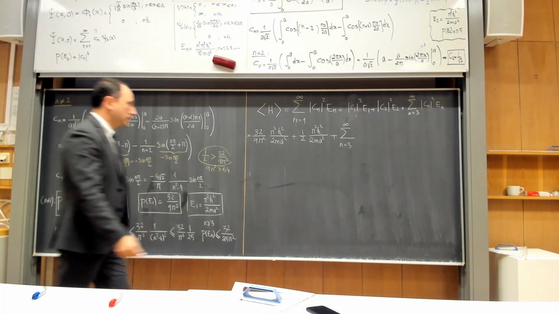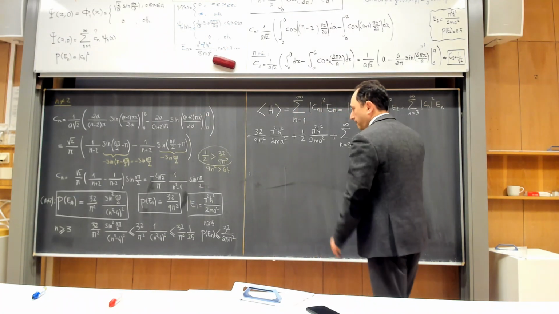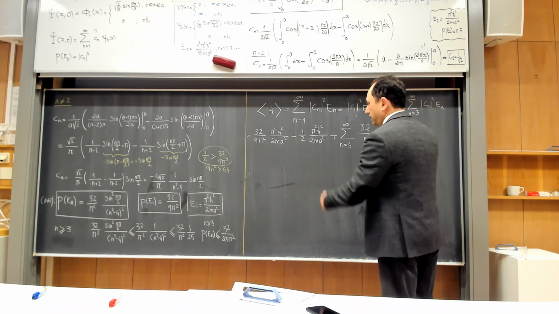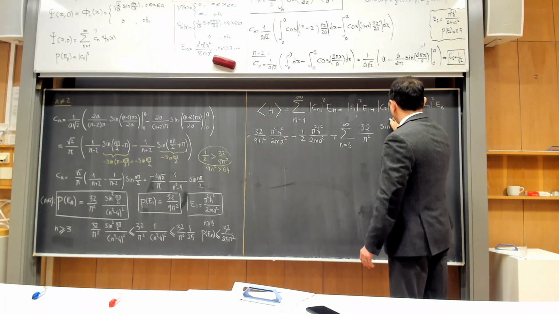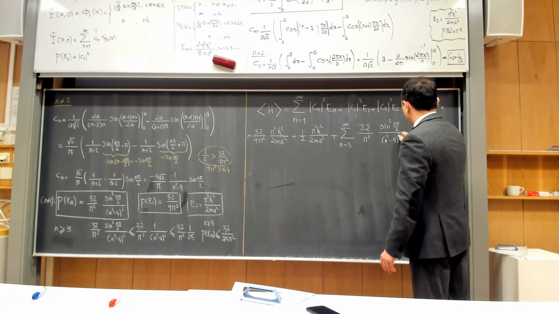So it becomes 32 over 9 pi squared, and then I will have sine squared of n pi divided by 2, divided by (n squared minus 4) to the power of 2.